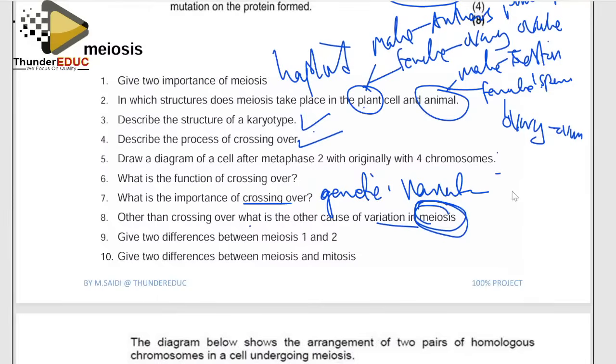Here you talk about random arrangement of chromosomes during metaphase, and then you can also talk about mutation, because mutation could be occurring in meiosis. Random arrangement of chromosomes during metaphase is the major one.